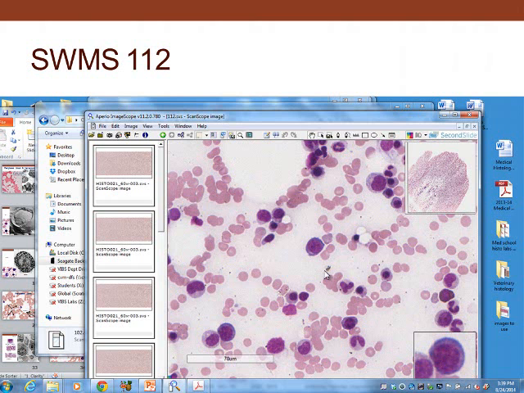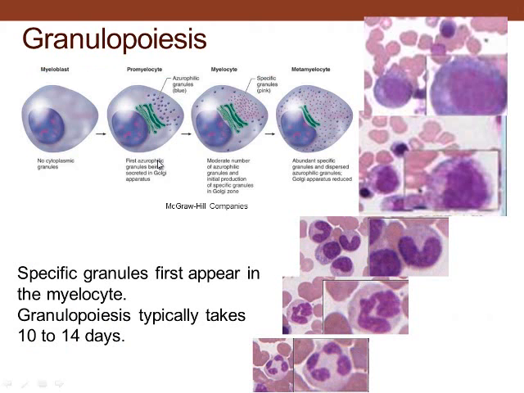And so if we look at the granulocyte series, you see the first one doesn't have granules, but then the promyelocyte has some granules in there, and you start picking up specific granules in a myelocyte and a metamyelocyte. And then you've got a stab cell, and so we see those.